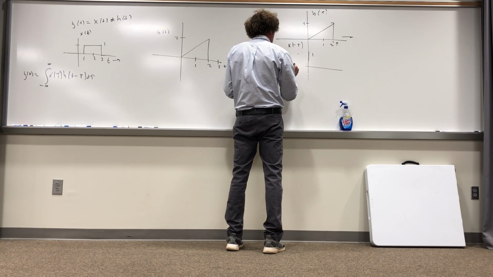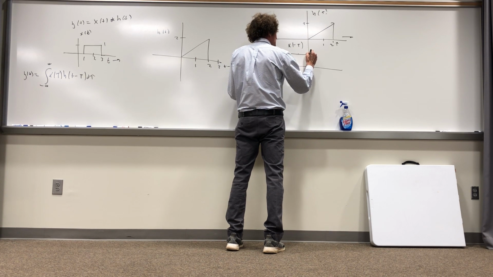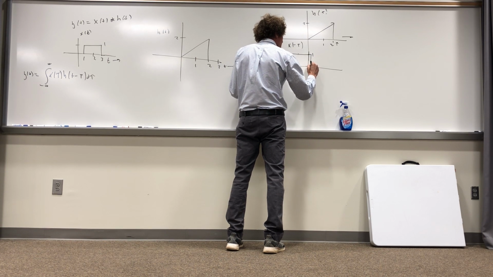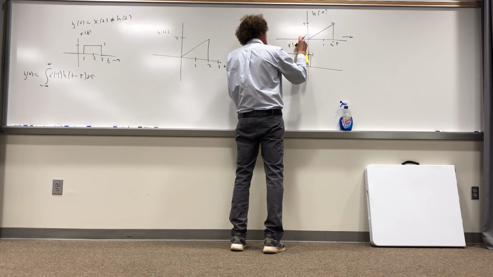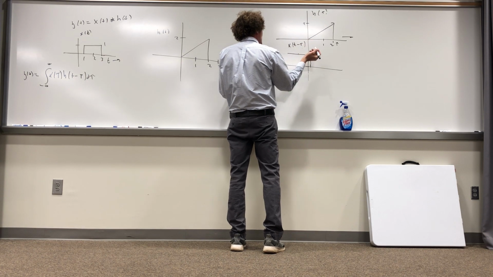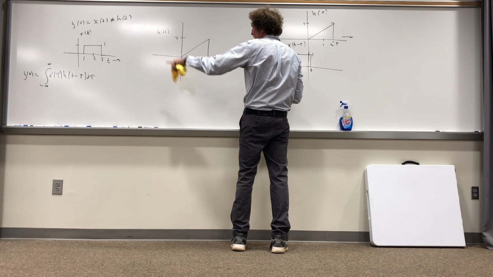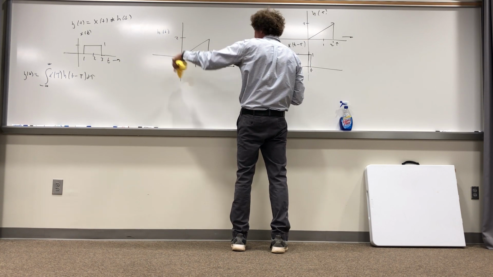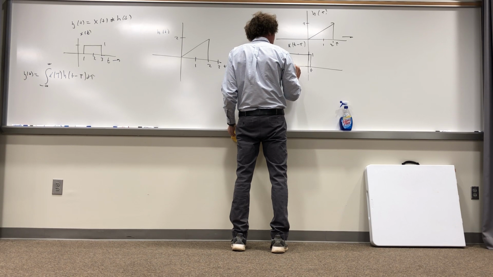So now I'm going to do this. This is going to be x of t minus tau. And here, this is t. And therefore down here, the width of that is 2, so it's going to be t minus 2, right?